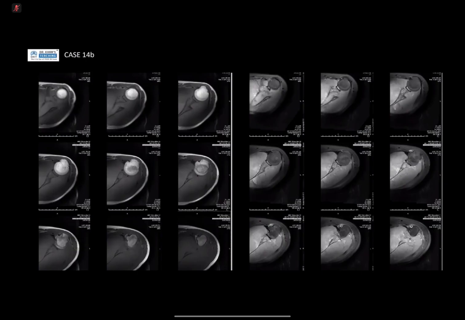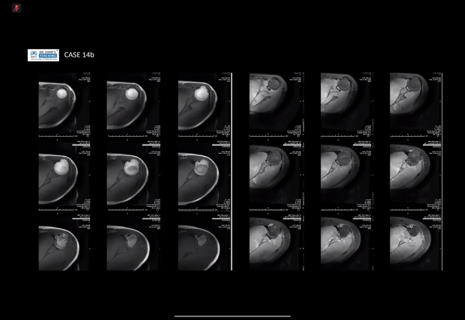The soft tissue lesion is enhancing, and it has caused cortical destruction of the spine of scapula and humeral head.